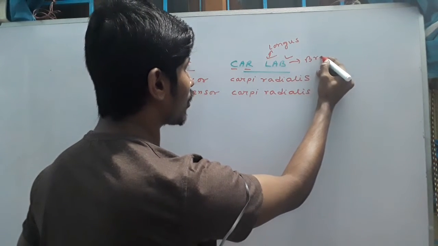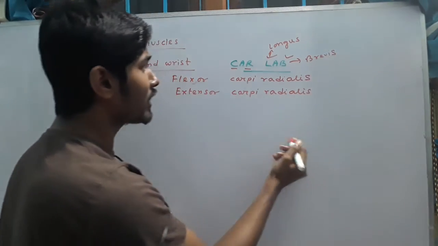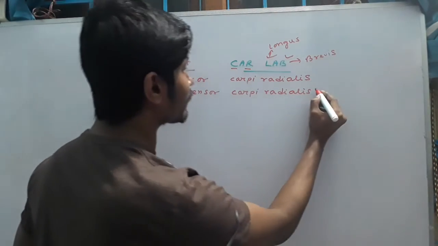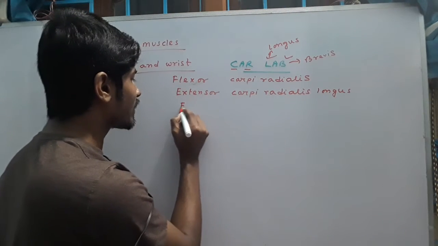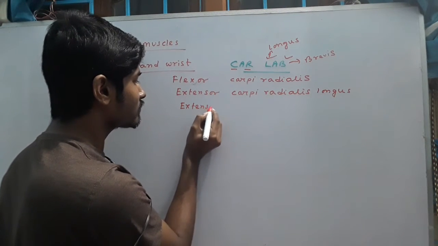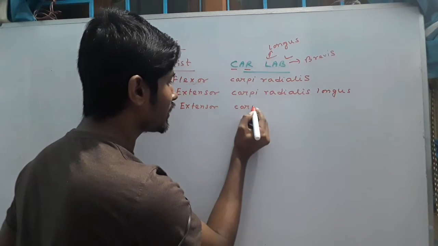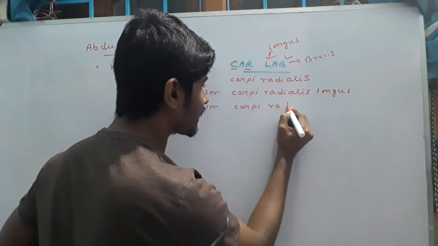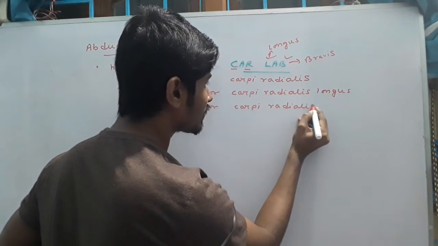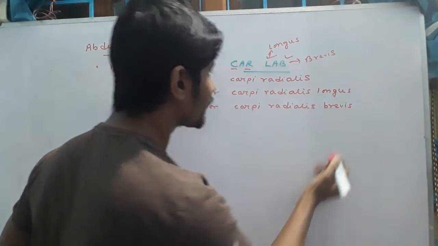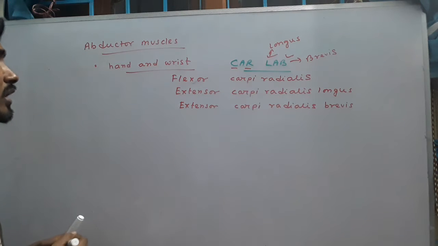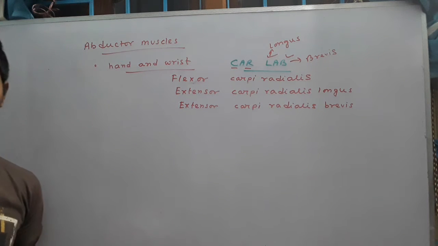So longus means long and brevis means short, okay? So extensor carpi radialis longus, and the other muscle will be extensor carpi radialis brevis, okay? So these are the three abductor muscles present in hand and wrist.